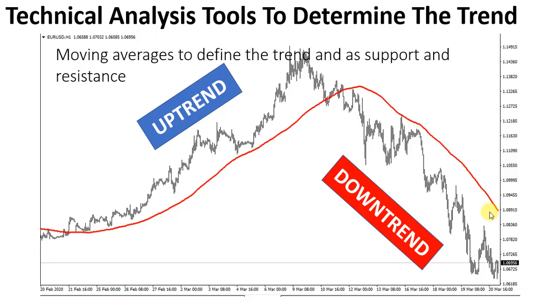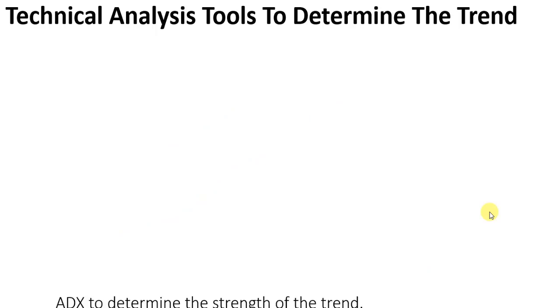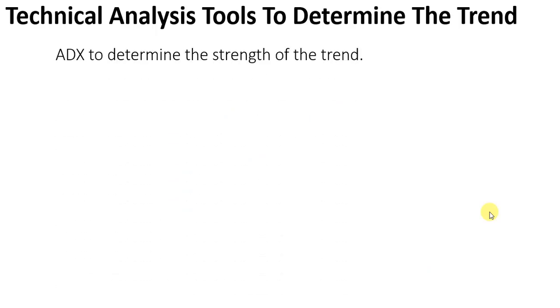The second tool that will be used in support of the moving average is called the ADX, average directional movement. This is used to determine the strength of the trend. ADX is not affected by the direction of the trend. Its only purpose is to show how strong that trend is.